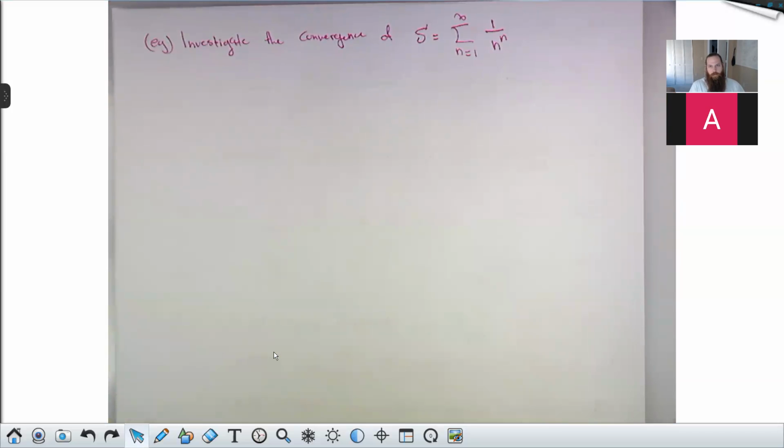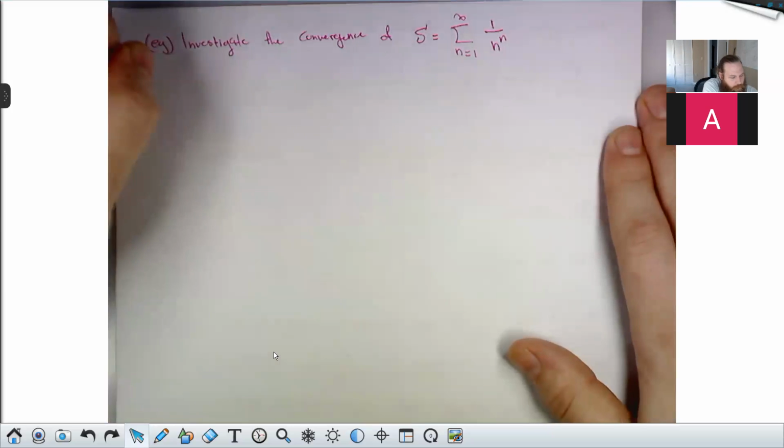So the root test is useful when you've got a bunch of stuff raised to the n. If that stuff that's being raised to the n is constant, then you're dealing with a geometric series. But if the stuff that's being raised to the n isn't constant, then you're dealing with a series that you should apply the root test to.